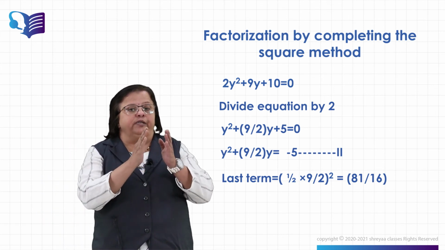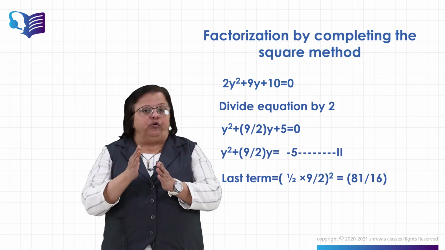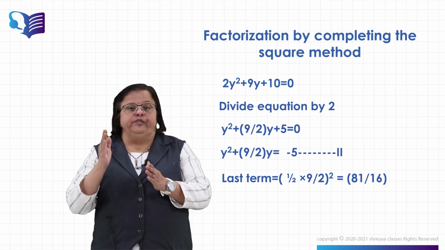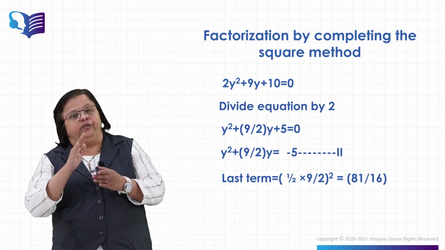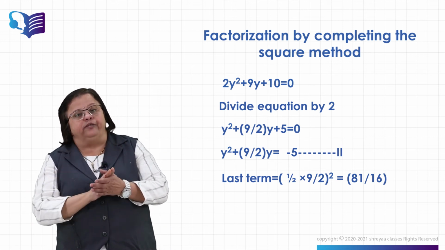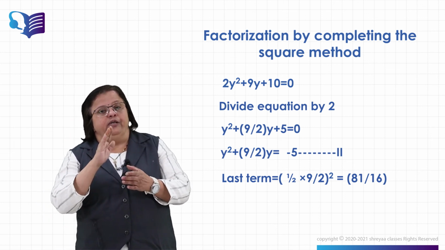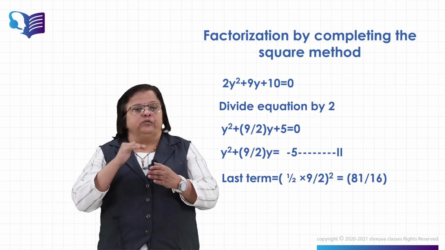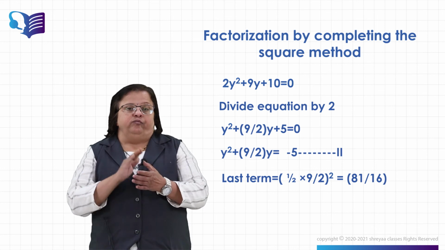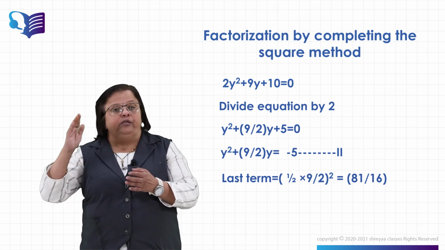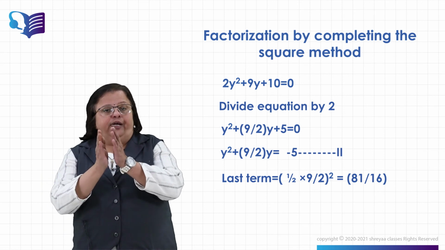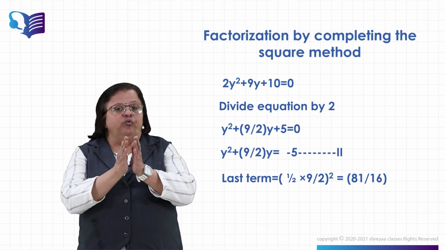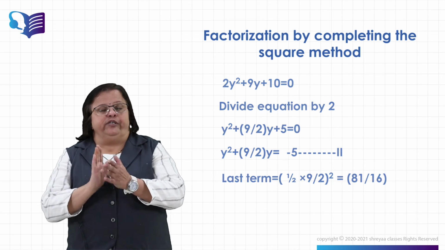So we write the last term is equal to 1 upon 2 into, what is the coefficient of y here? It is 9 upon 2. So into 9 upon 2 the whole bracket square. So it will be 9 upon 4 the whole bracket square, which is equal to 81 upon 16. So we will add 81 upon 16 on both the sides of equation 2.